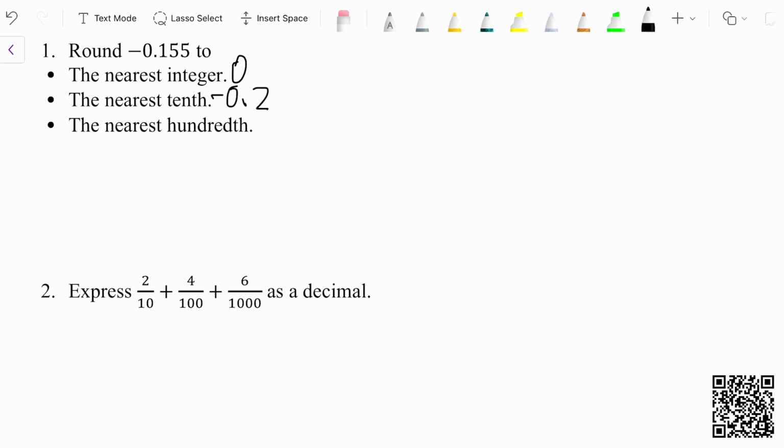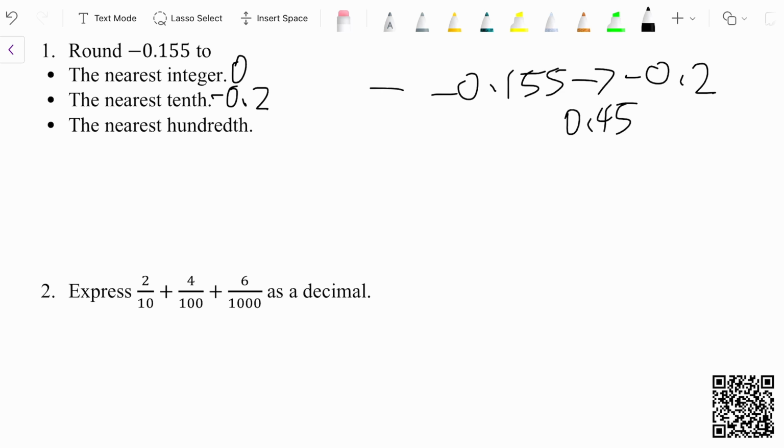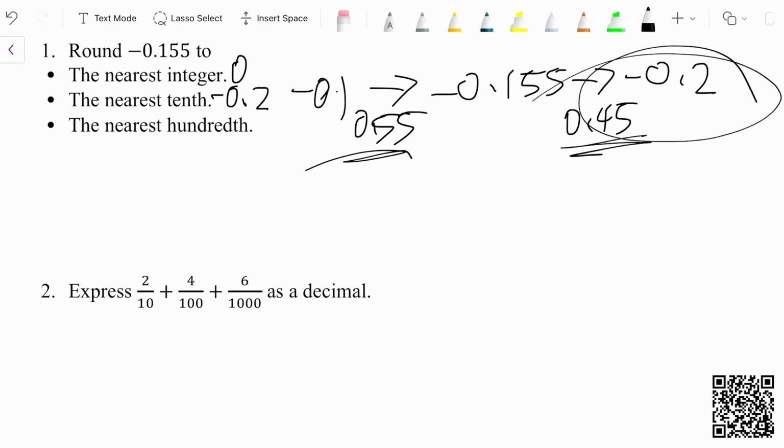From negative 0.155 to negative 0.2, this is a stretch of 0.045, but from negative 0.1, it's a stretch of 0.055. So since this is closer, we deem this the winner.